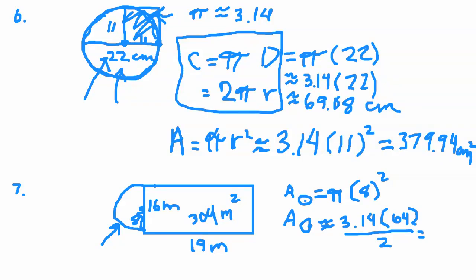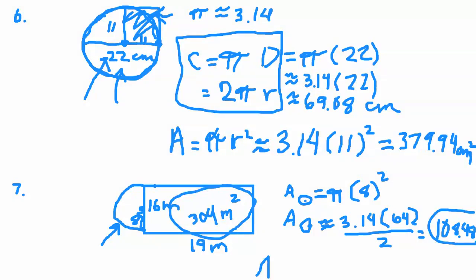Okay, so if we do that, we have 3.14 times 64 divided by 2 is 108.48. Is the area of our semicircle. And now we have to put that together with the 304 so we get the area of a full figure.